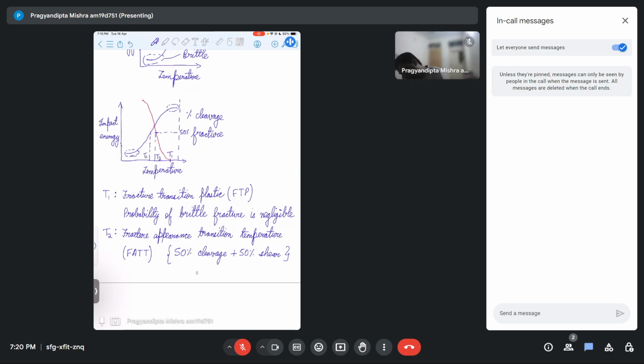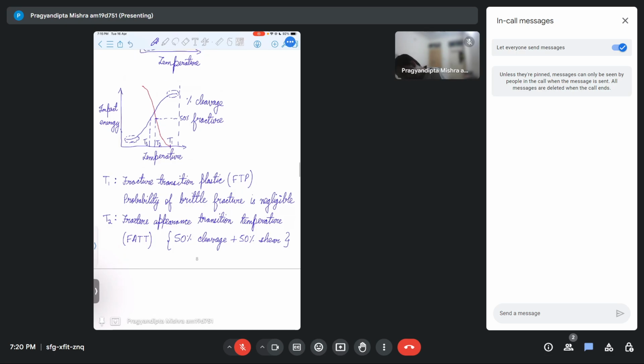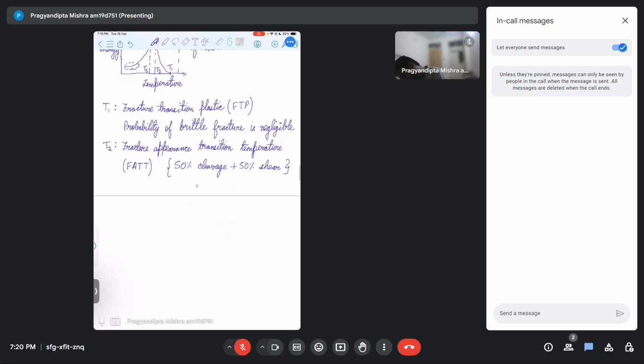If we draw impact energies, we'll have one type of curve like this. Then we'll have some curve which will be coming like this here, and then another curve will be coming like this here. Or actually it will be higher than that, so it will be somewhere here.